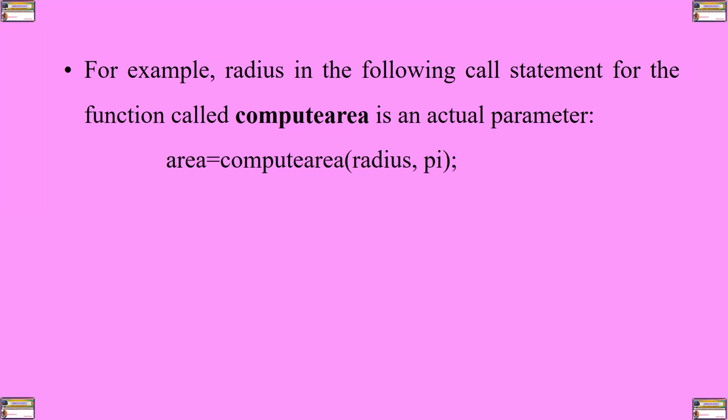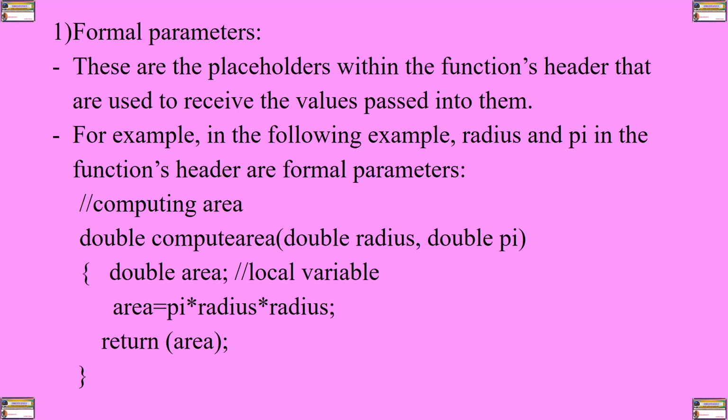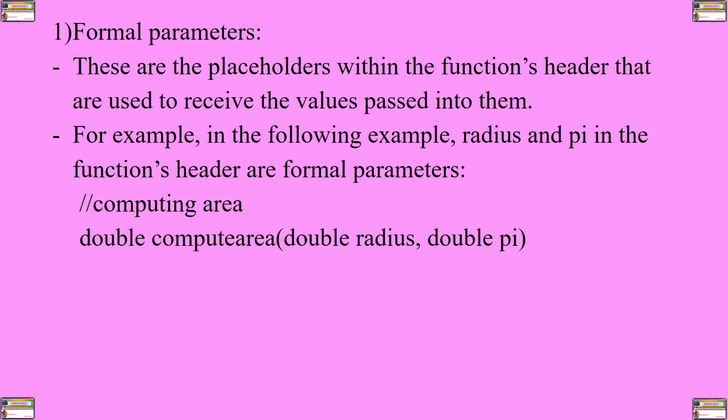So when we go to the function called compute area, we expect it to have two parameters, one parameter being radius and the other parameter being pi, with their respective data types. And the data type you expect is double, as you can see here. So radius will be double and pi is double.